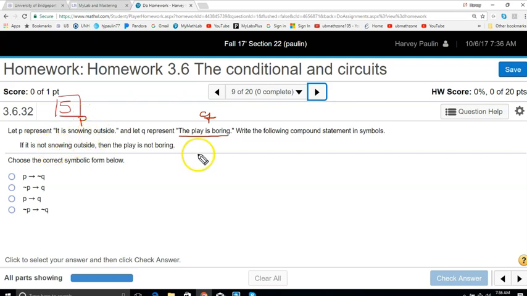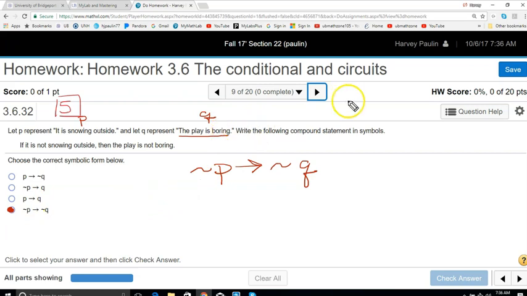We're going to negate it. So we get negate P. Then the play is not boring. The play is boring. We're going to negate Q. Now, when you do that, it's rather easy to see how it matches up. And that matches with this last one here.